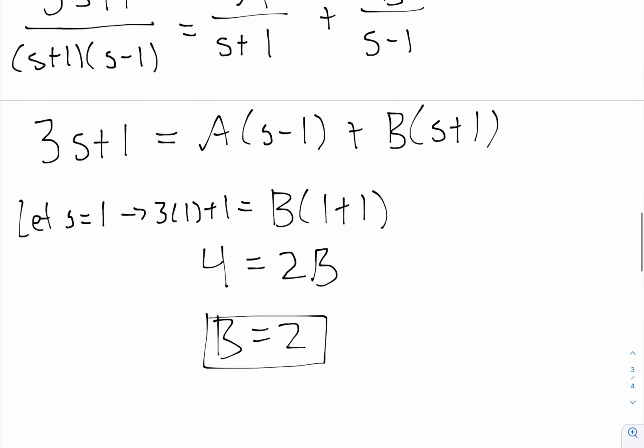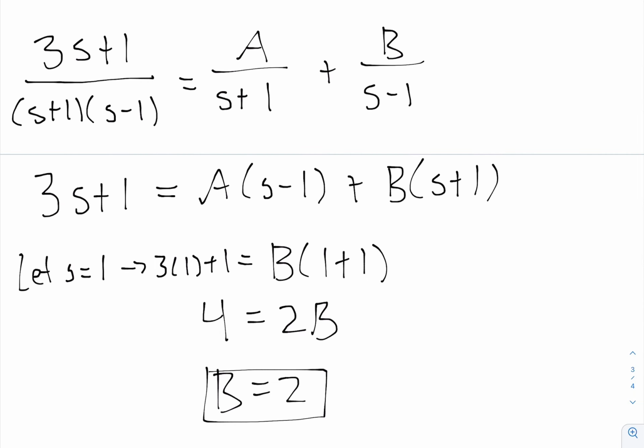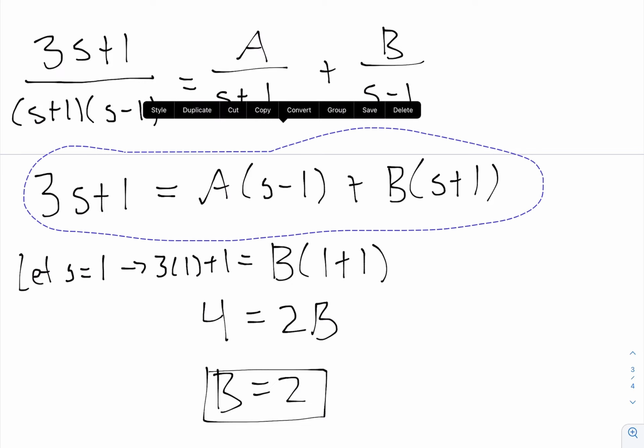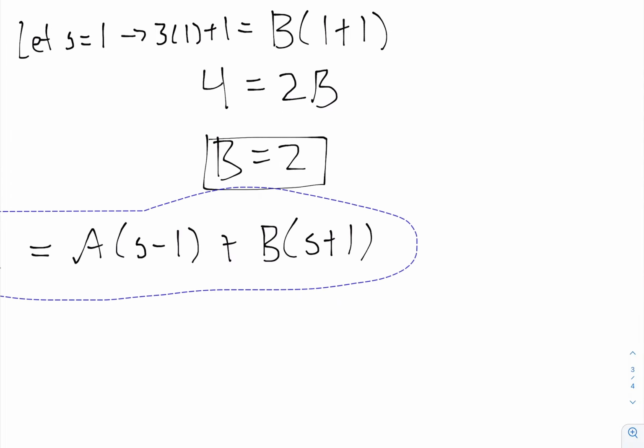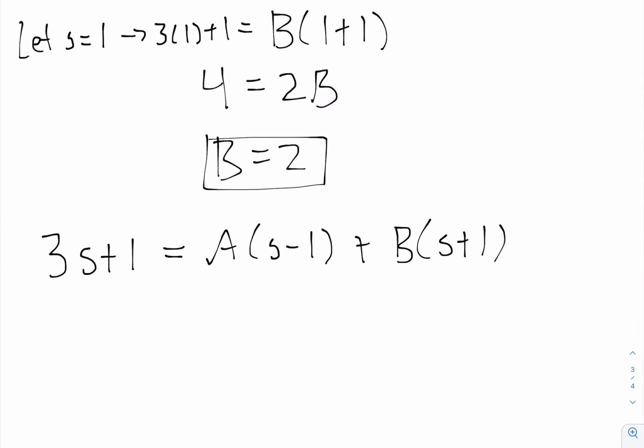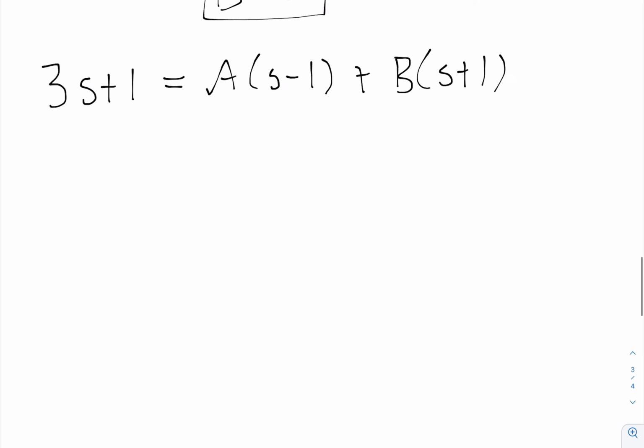Okay, now that we have b, let's try and figure out a way to get a. I'll copy this down here. So using the same equation, let's figure out a way to get a. Because we got rid of a in the first one by saying s was 1, let's say let s equal negative 1 now, because then if s is negative 1, the b term will go away.